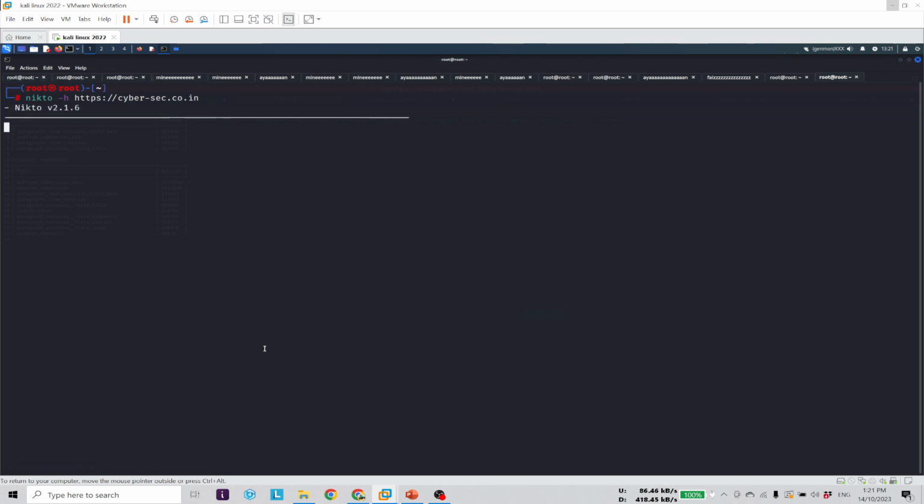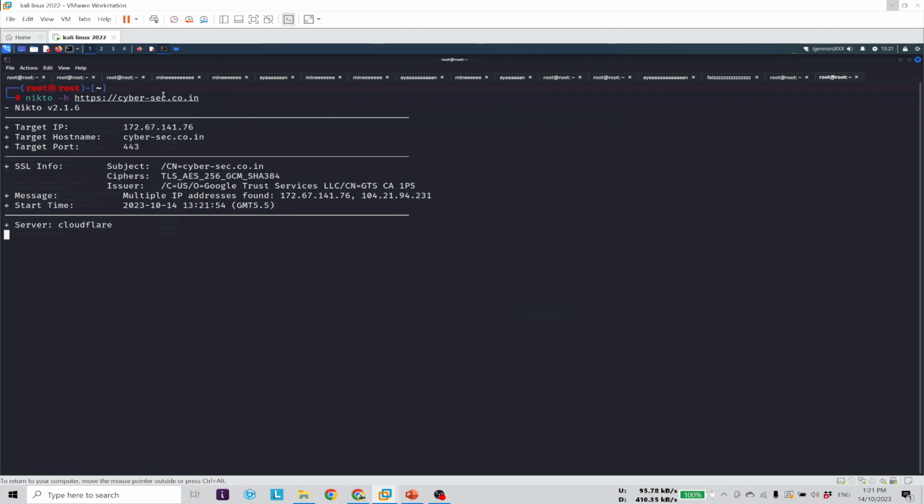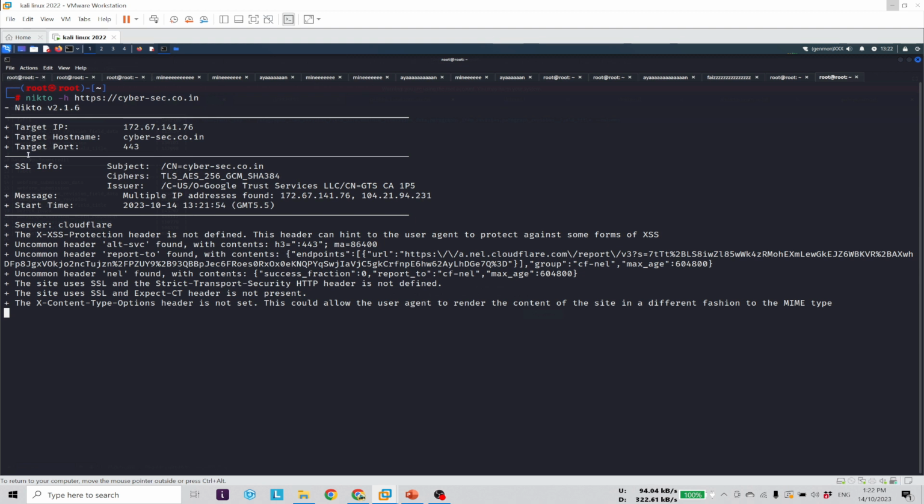Okay, so I'm hitting enter here. Here -h is used for the host, our target. So our target is this website. See, it has given me one IP address. It shows on what port this website is running, that is port 443.